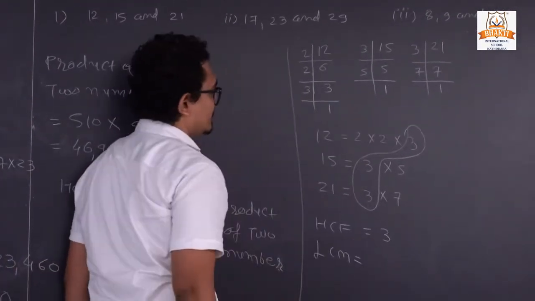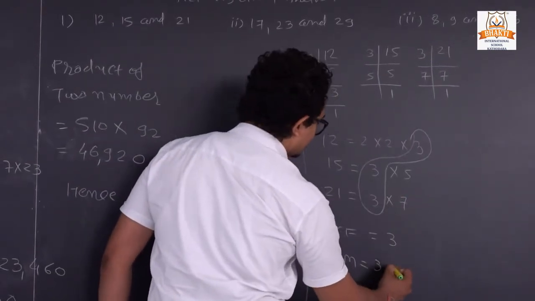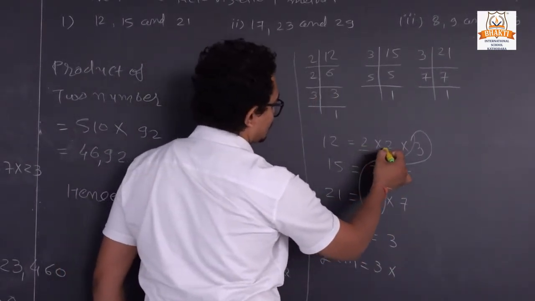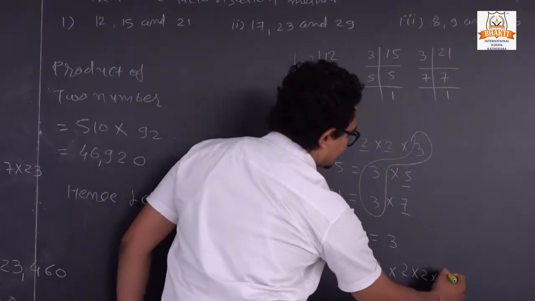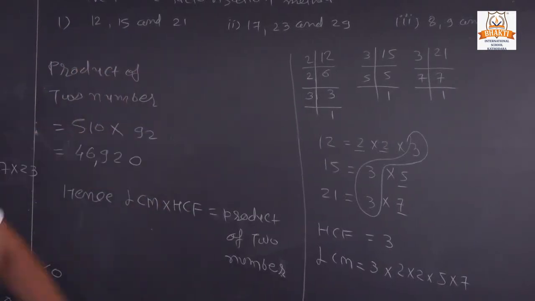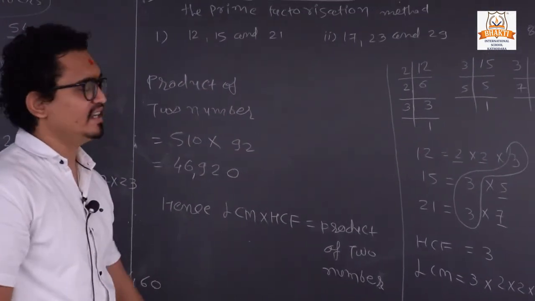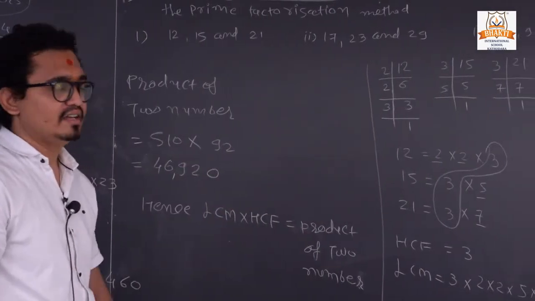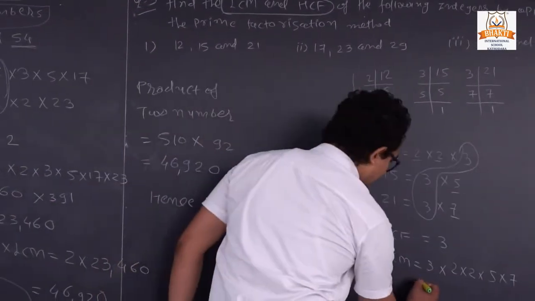So LCM is equal to, what can we write here? First of all we write the common number, then which are the remaining numbers? 2 2. So 2 into 2. Then 5 and 7. So 5 multiplied by 7. So up to this all clear? First of all we find its prime factorization, then we find its common term, then we find its HCF and LCM. So now multiply this.